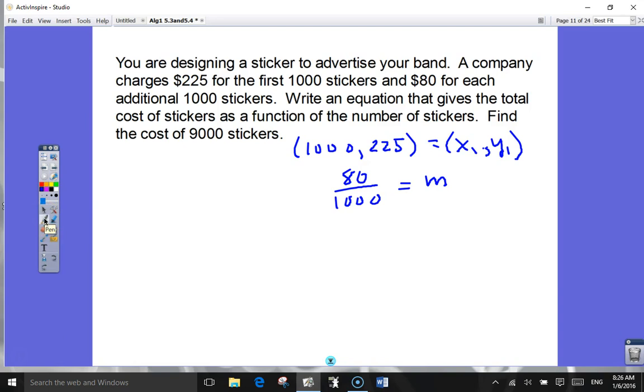So in the end, we have a point and the slope, and we're doing point-slope. So plug it in. It'll look like y minus 225 equals 80 over 1,000 times x minus 1,000.